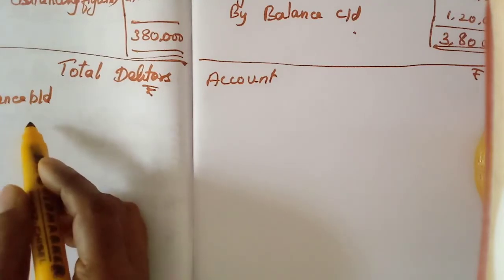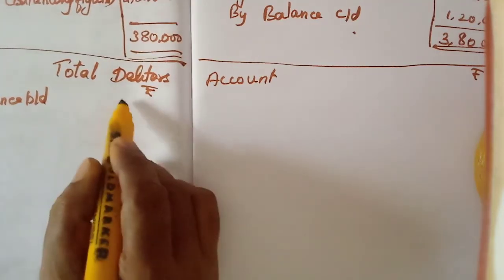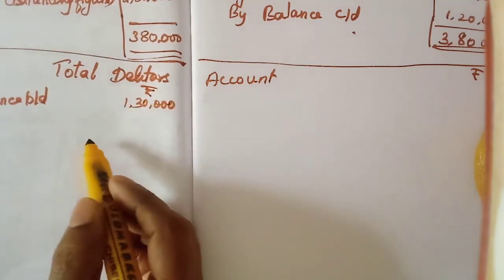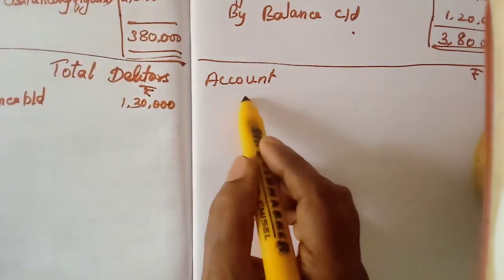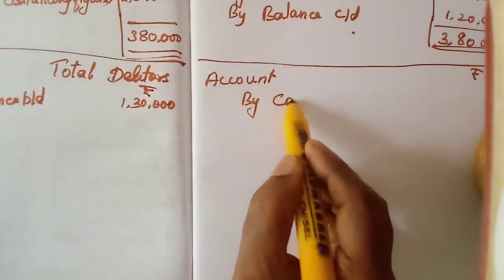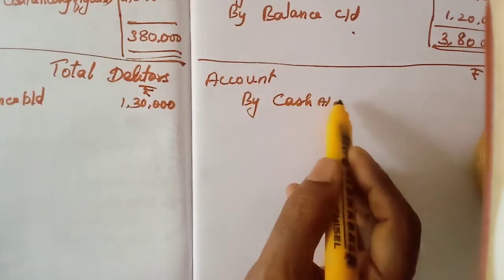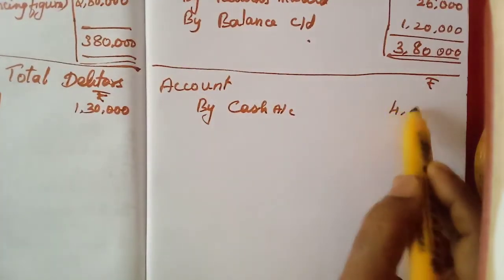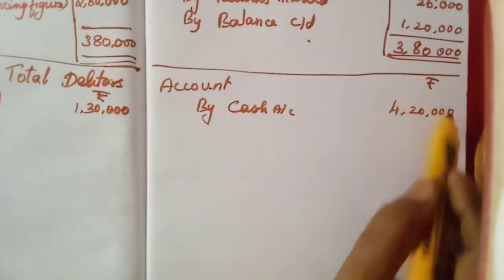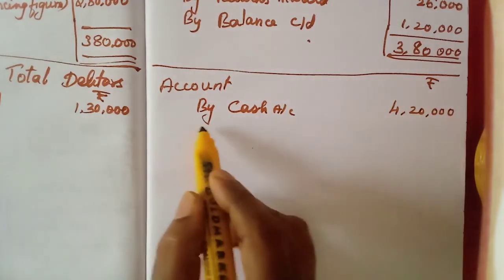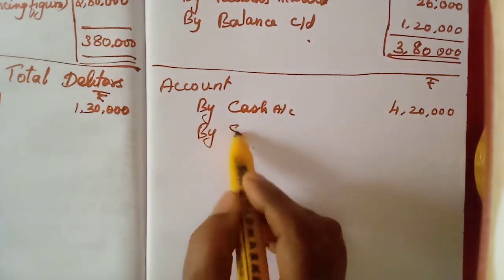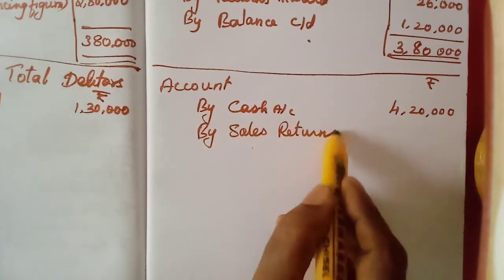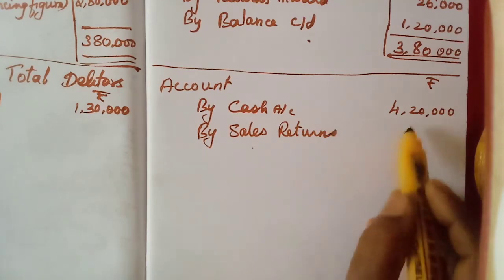How much? 1,30,000. Then cash received, by cash, 4,20,000. The next one, sales returns. So by sales returns, 35,000.